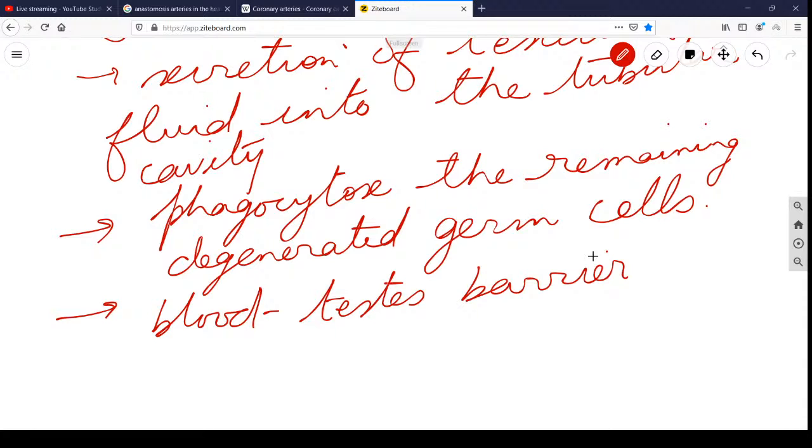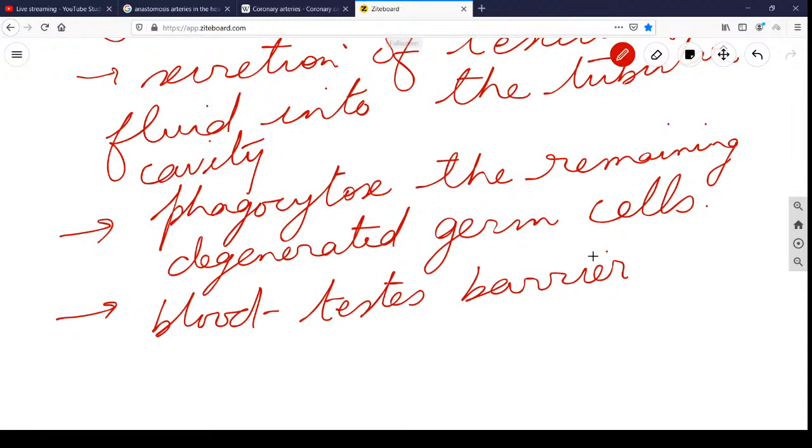So they may contain some foreign proteins because of homologous recombination, and that will be detected as foreign, and there will be some immune response against the sperms, which will lead to sperm death. So you need to maintain the blood testis barrier.